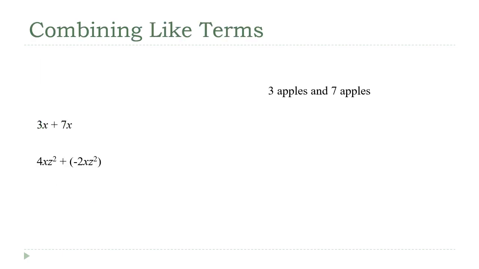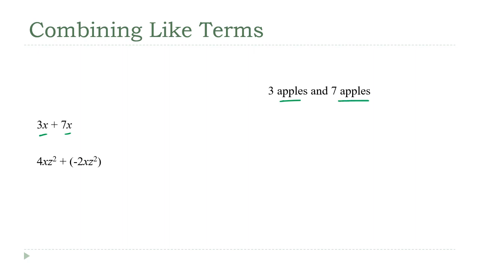Okay, so how can we combine these things? How can we combine like terms to simplify an expression? Well, the example I like to give people is instead of the variables, right? Let's replace the variable with something more concrete. Say instead of saying 3x plus 7x, we said 3 apples and 7 apples.